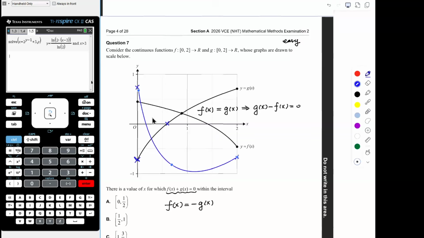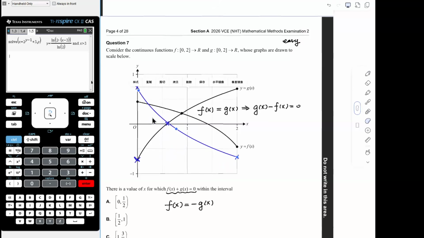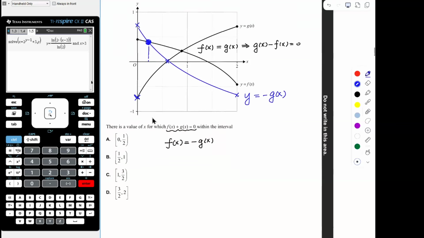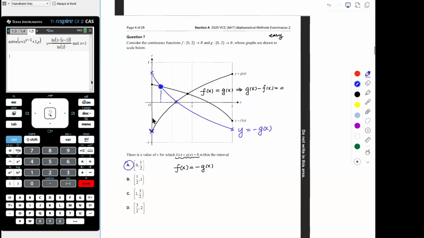Okay, so that means I need to draw a reflected curve like this, okay? Therefore, I say, okay, this is my y equals minus g of x. And the intersection between minus g and f is going to lie between 0 and a half. Okay, so I say option A will be the most suitable answer.